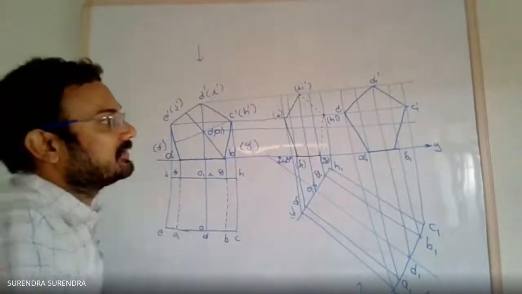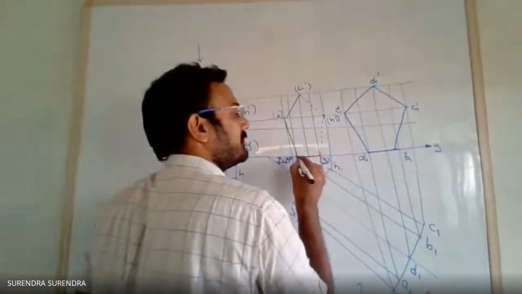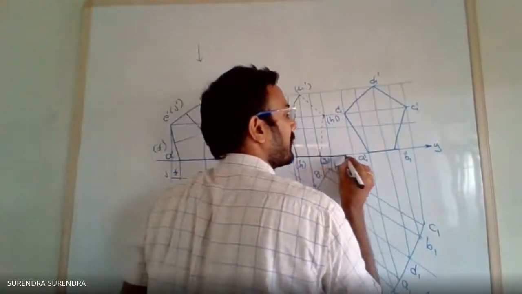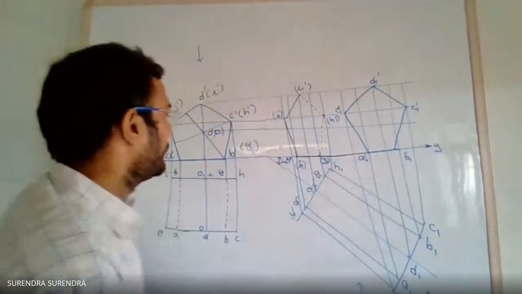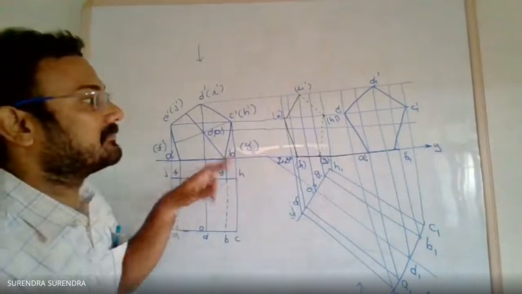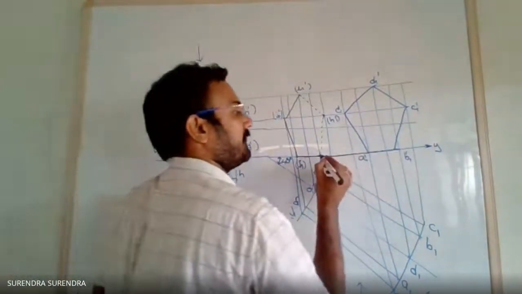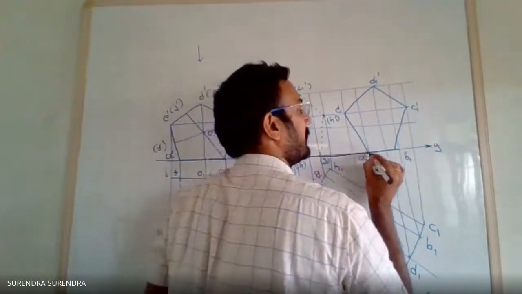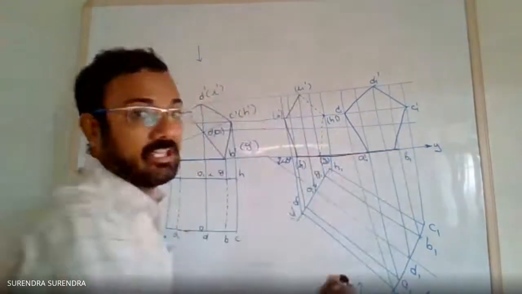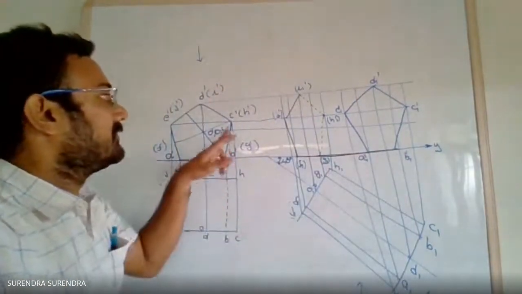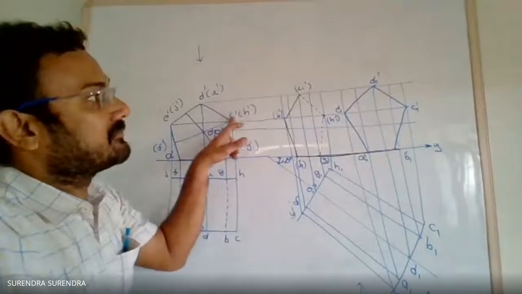EAF first. EAF, it is on the boundary, so join EAF. Next, BG. So BG and EAF are coincident, overlapping. Next, CH.